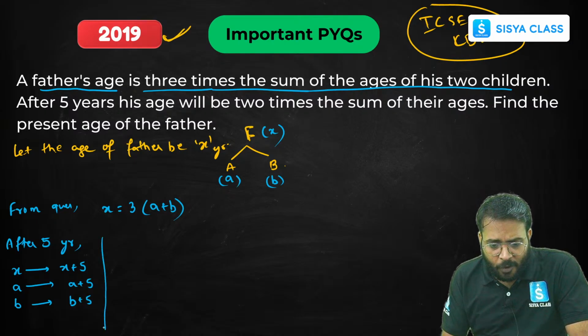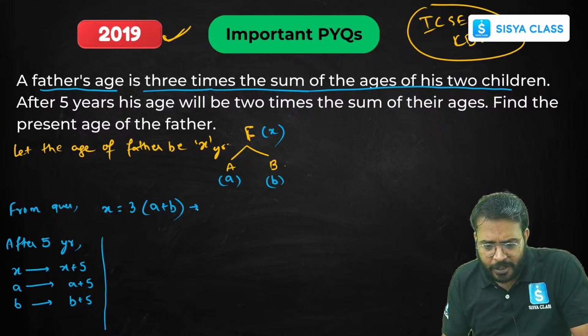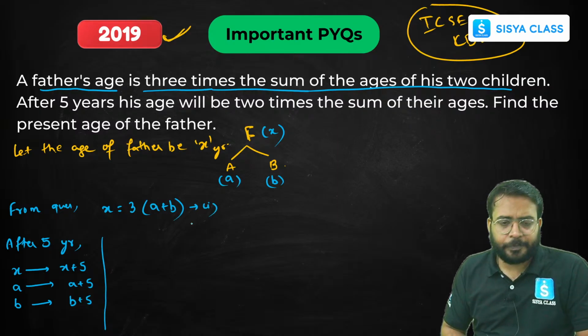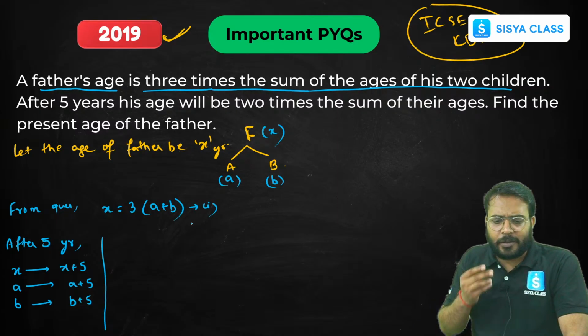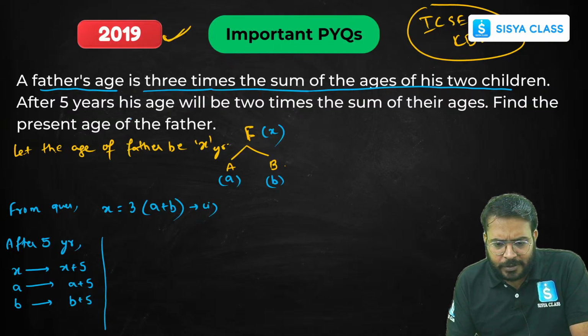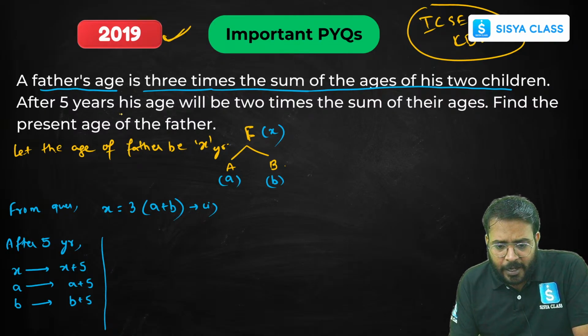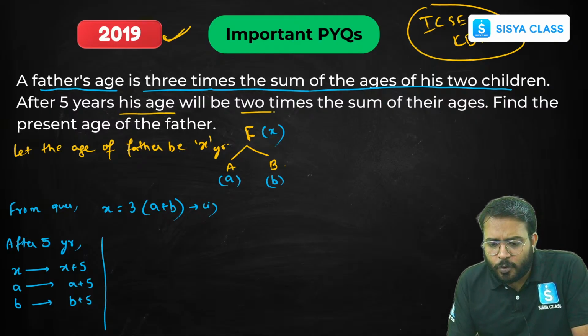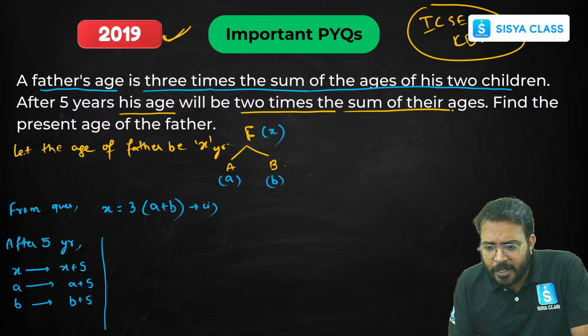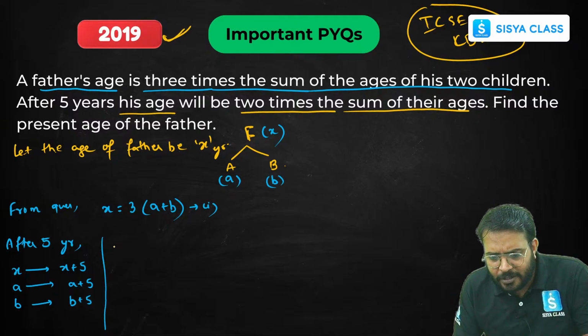Now, this is my equation 1, alright? Now, what they are saying: after 5 years, his age, that means the father's age, will be 2 times the sum of their ages, yes or no? After 5 years the father's age is X plus 5.